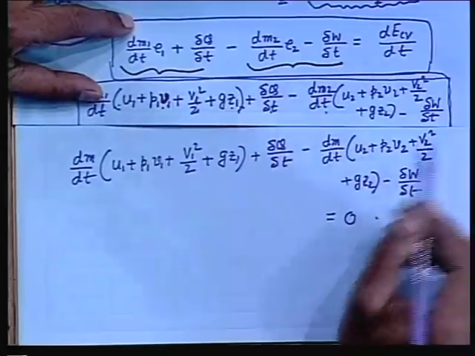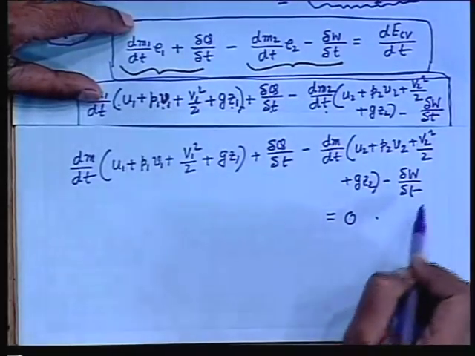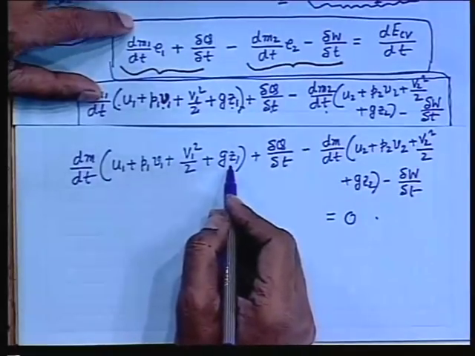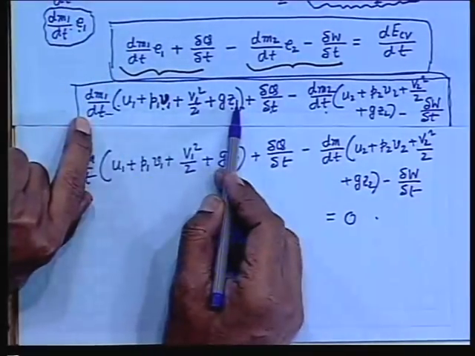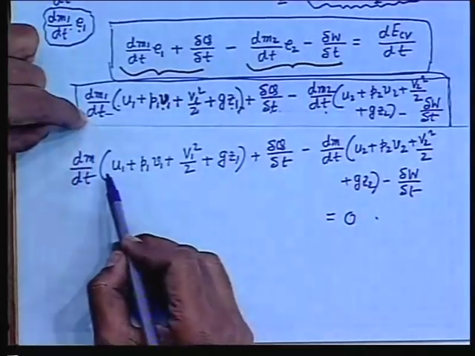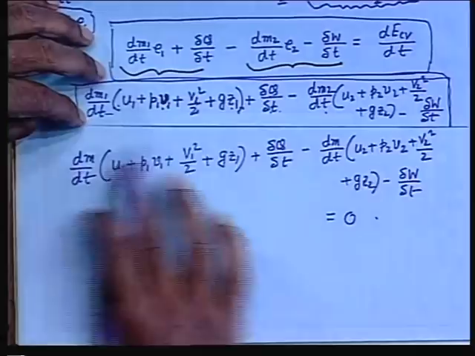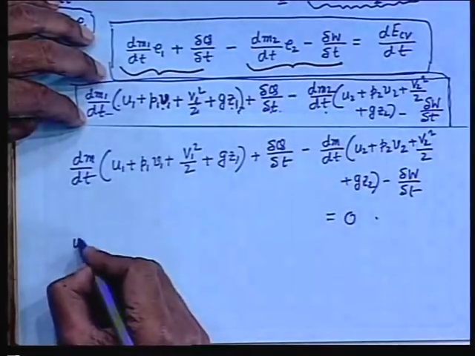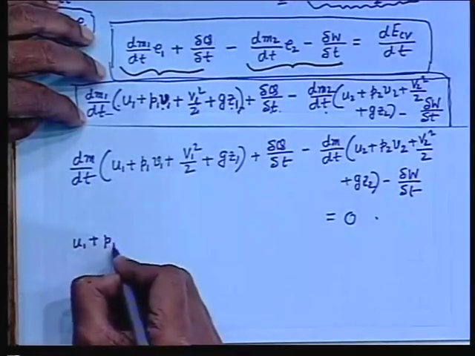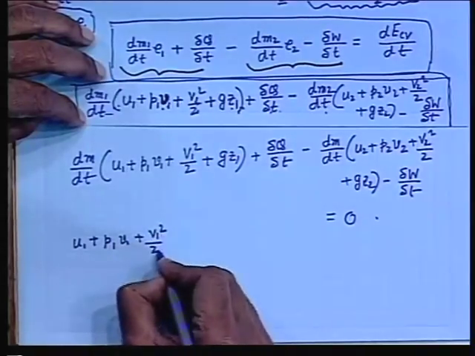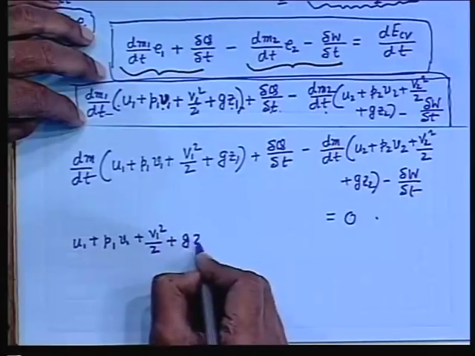All right. Now this equation at steady state can be expressed in terms of quantities per unit mass. Here all the quantities are energy per unit time, but we will now express energy per unit mass. To do that, we will have to divide all the terms by dm/dt, so that we get u1 + p1 v1 + v1 squared by 2 + g z1.